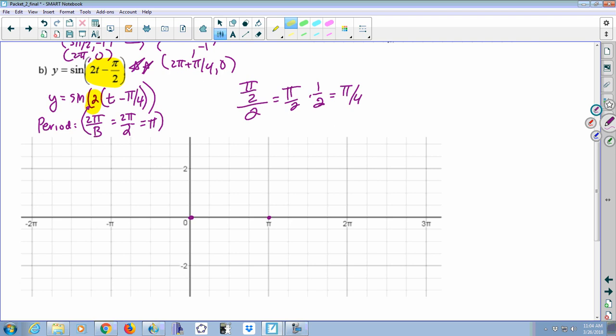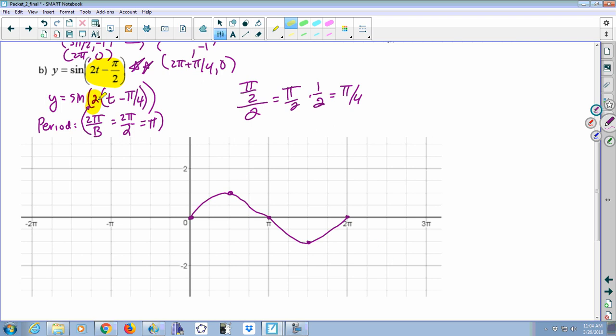Sine is the y value. And then midway between your zeros, at pi over 2 and 3 pi over 2, you're going to reach your max and your min. I'm just drawing sine right now. So here's my sine function, one cycle of my sine function.